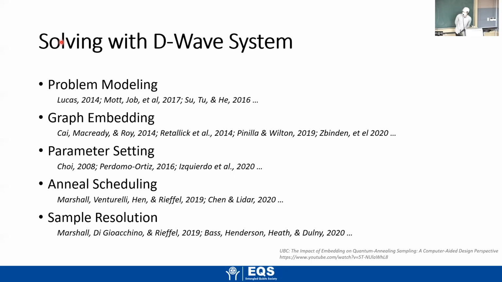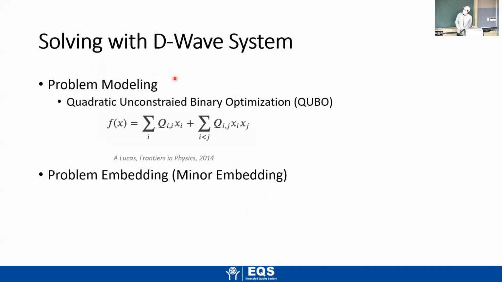Each step is very important and deserves its own attention. If you are interested in a specific step, you can refer to these papers, and there are many more. I'll just talk about a few steps that I think are more important.